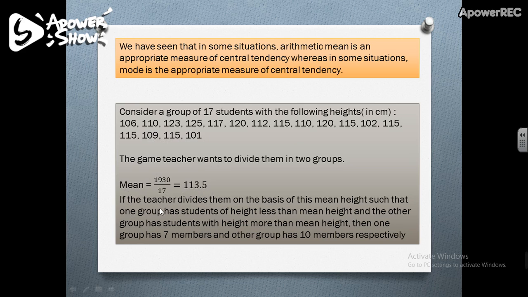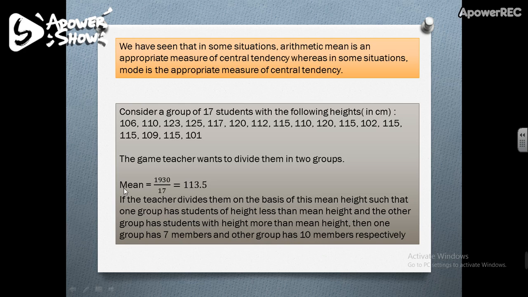113.5. If the teacher divides them on the basis of this mean height, such that one group has students whose height is less than 113.5 and the other group has students whose height is more than 113.5 centimeter, then our first group has 7 members and the second group has 10 members.